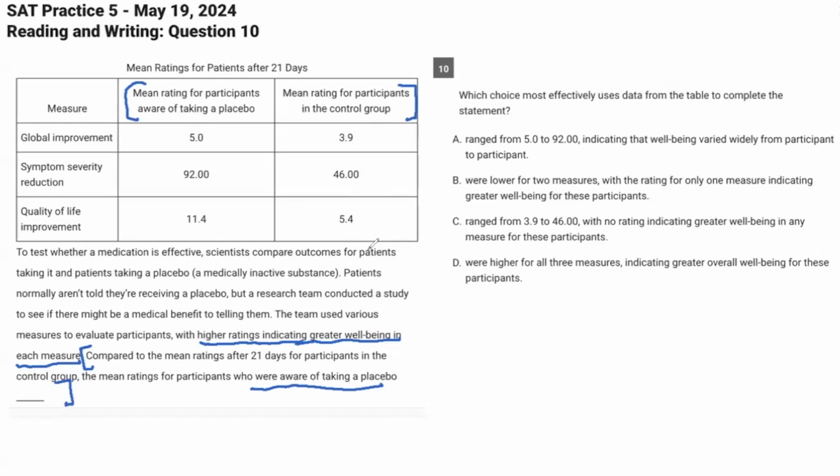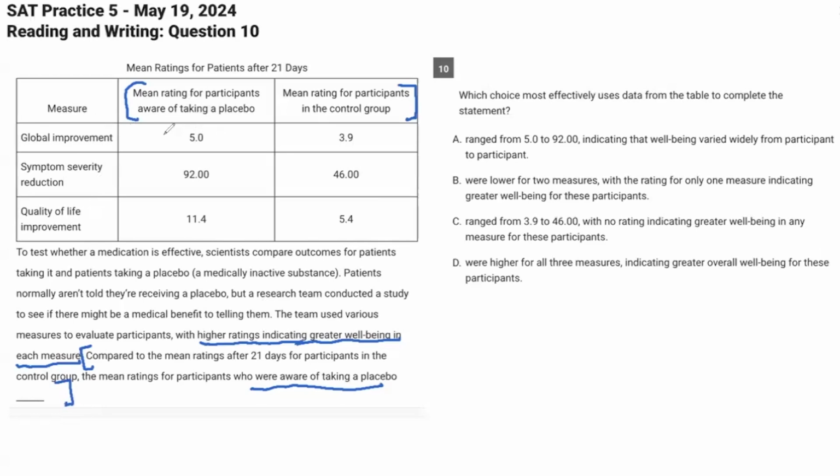Now, logically, you would think that someone who thought they were taking real medicine would have better results, that the medicine, I put this in quotes, would be more effective. However, if we look at these numbers, and if higher ratings indicate greater well-being with each measure, we're seeing that the participants who were informed of taking a placebo did better on all three counts: global improvement, that's overall improvement, symptom severity reduction, and quality of life improvement.